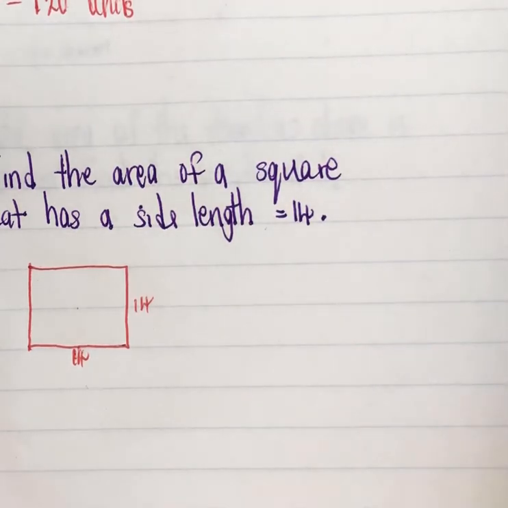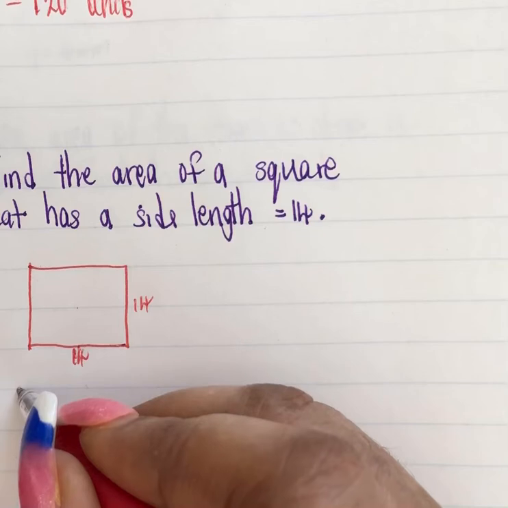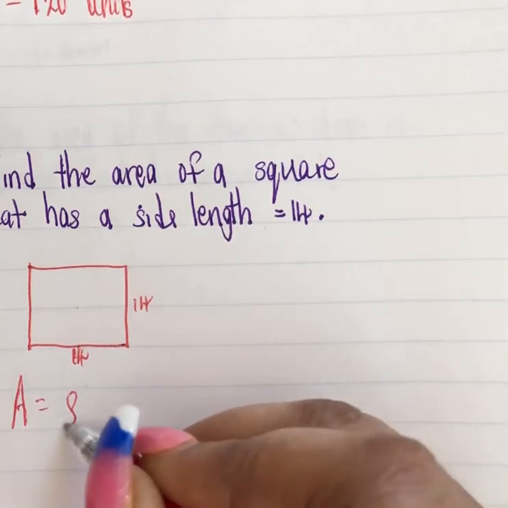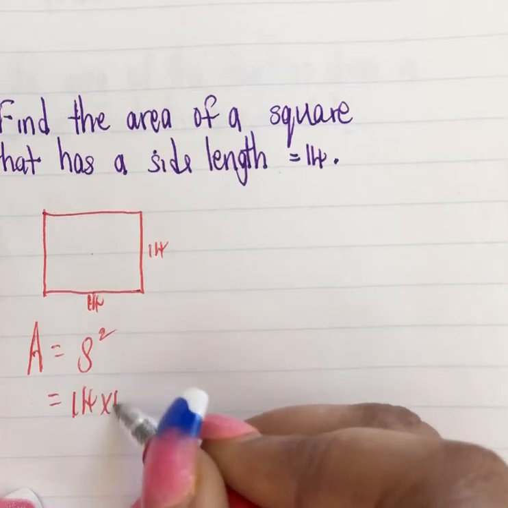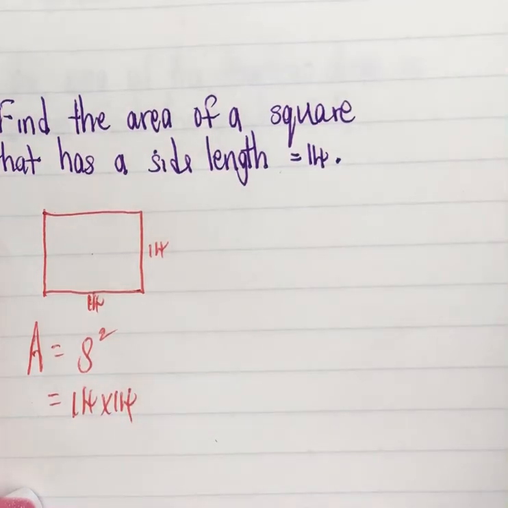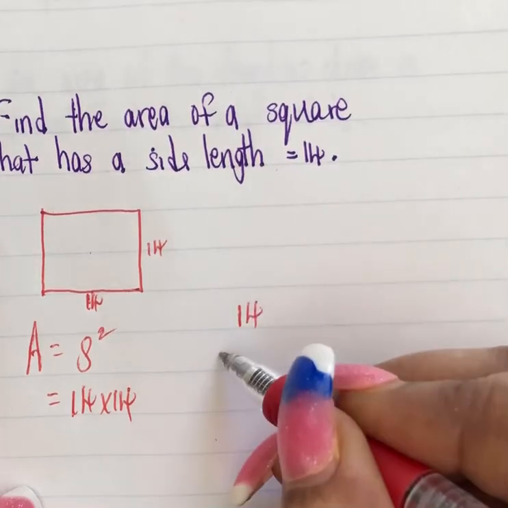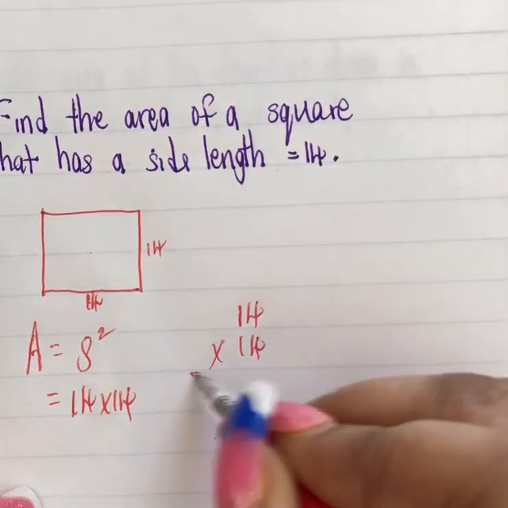So all 4 sides must show a length of 14 cm. The area of a square is S square, so it will be 14 multiplied by 14. Okay? Our working area, 14 by 14.